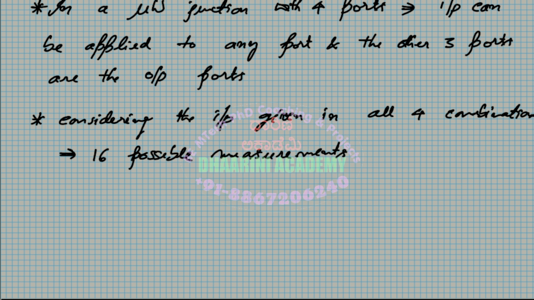Okay, so it's very clear that I have four options, so totally 16 options. That means I can try to write a square matrix, right, containing all the possible combinations of the power relationships between various inputs and the output ports of that junction, right?